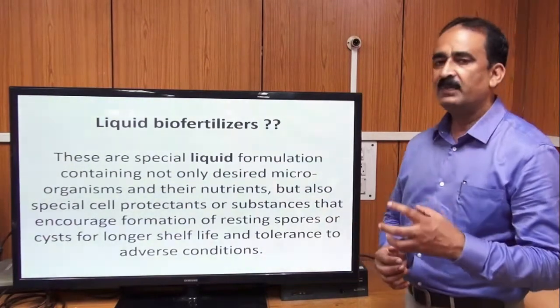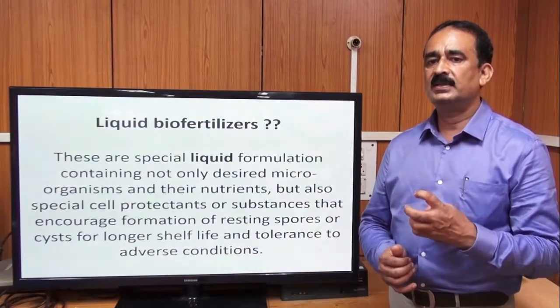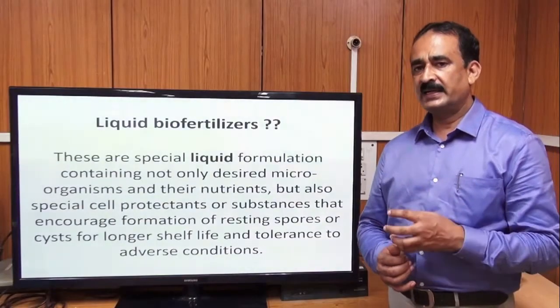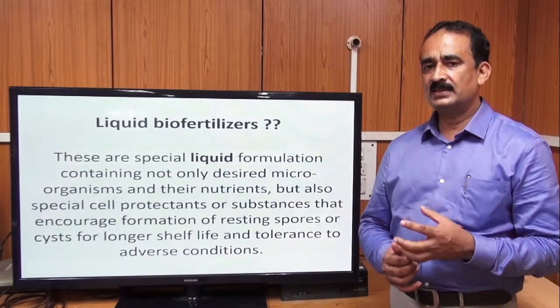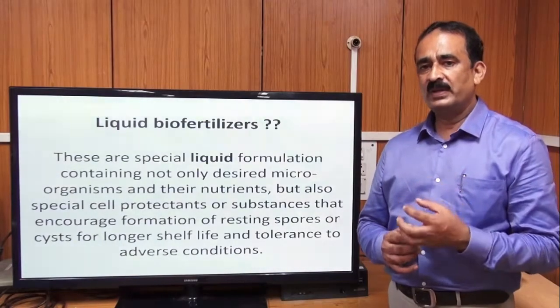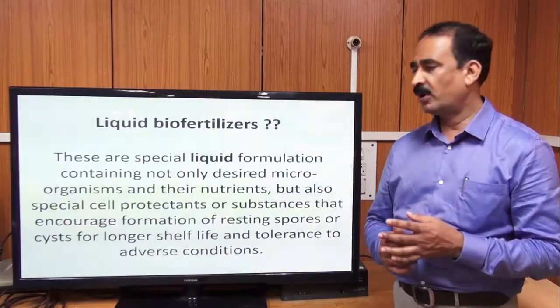some special cell protectants which give the resting period of the spores. It means the cell protectants and other chemicals are very useful to give the microbial cells a resting period with the effect of their chemical properties.